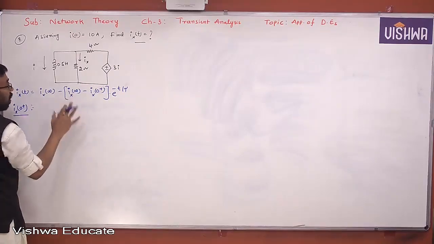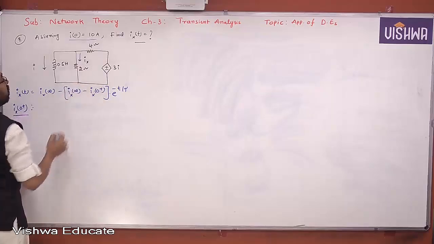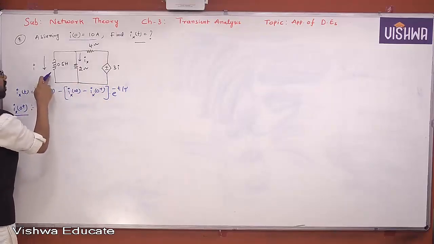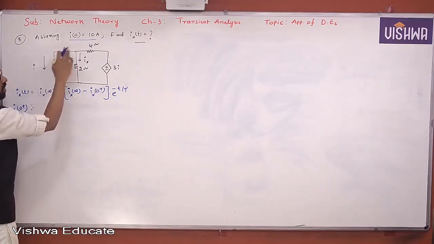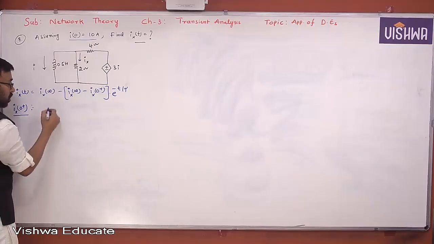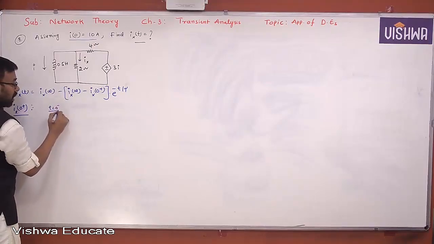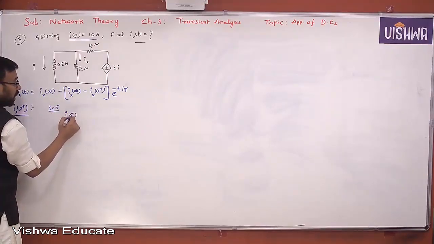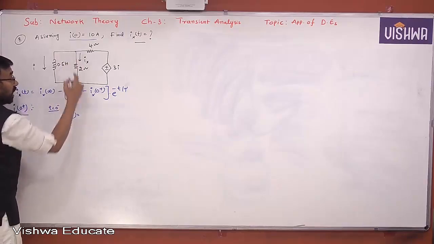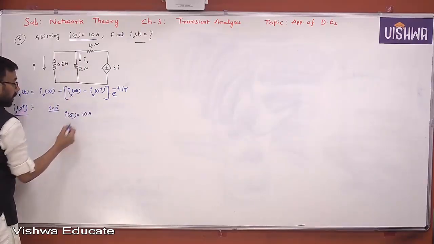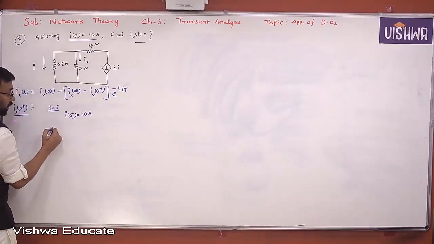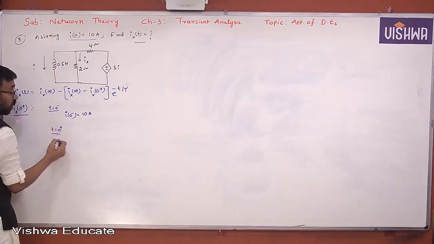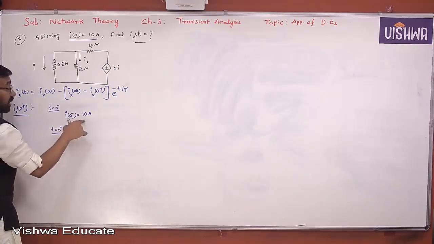But in this problem, it's very clear that the current through the inductor is given. Our objective is to find the current through the inductor, but it is already given, 10 amperes. For t equal to 0 plus, we need to consider the equivalent circuit using this information.